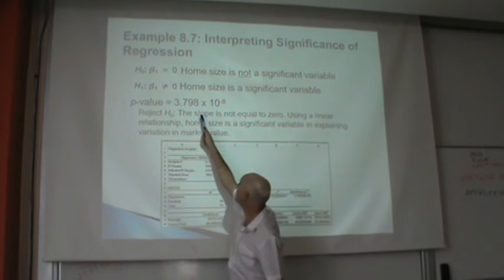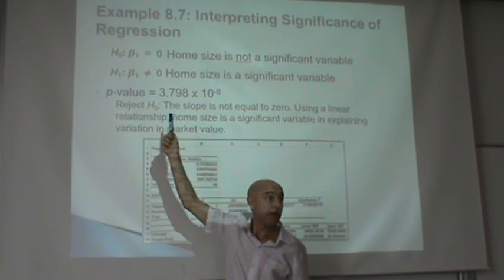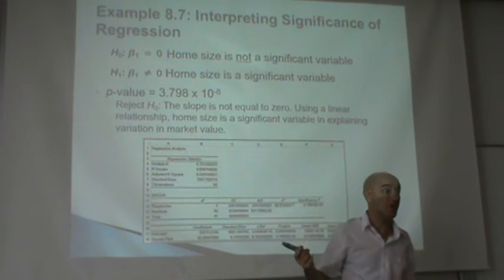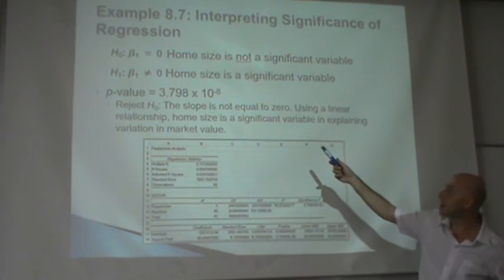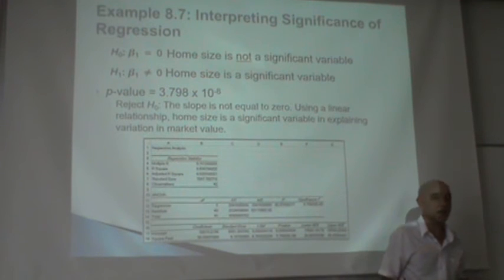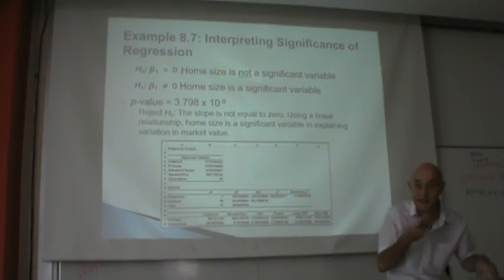Oh, the p-value is extremely small, 10 to the minus 8, it's like 0.000. So we reject the null hypothesis and we can conclude that home size is very significant. Of course, this makes perfect sense.